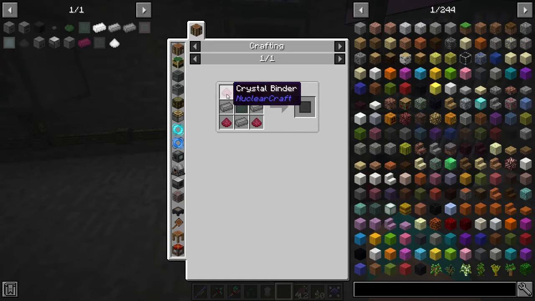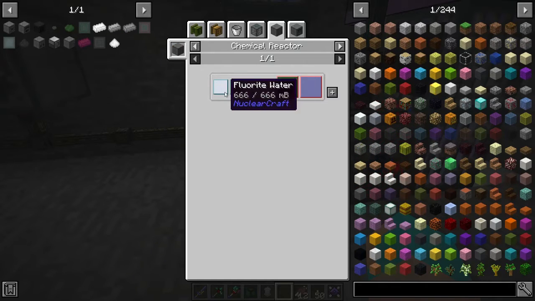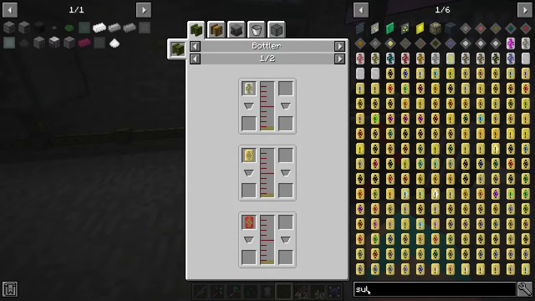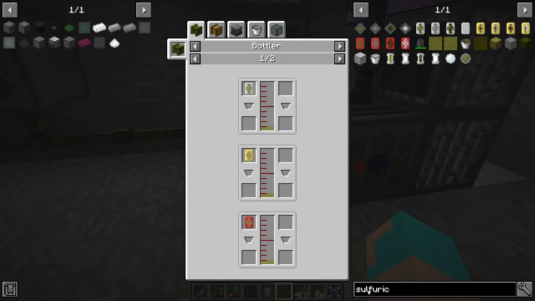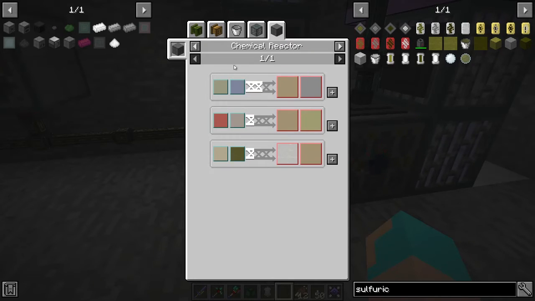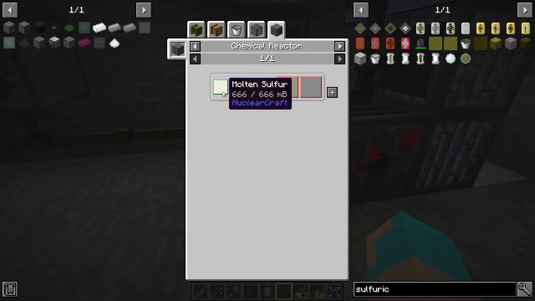We're trying to make calcium sulfate. Calcium sulfate is fluorite water, which we have, and sulfuric acid. Sulfuric acid comes from water and sulfur trioxide, which comes from sulfur dioxide, which comes from sulfur and liquid oxygen.